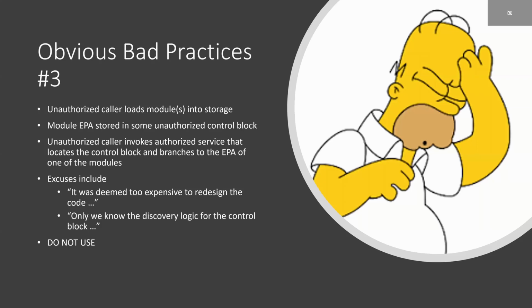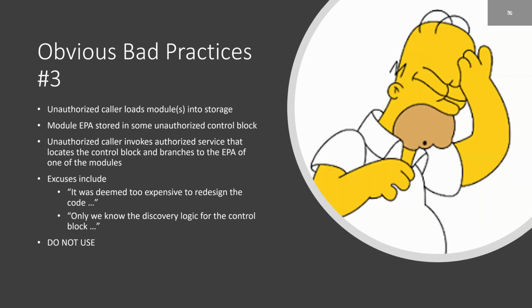Here's another bad practice that I've seen as well. And again, going back to maybe some more of the homegrown software or public domain software that you see out in the wild. You've got some sort of unauthorized caller. He'll load a module into storage, and then he'll anchor it somewhere in a control block.